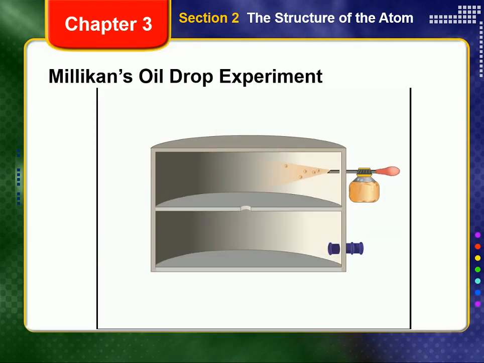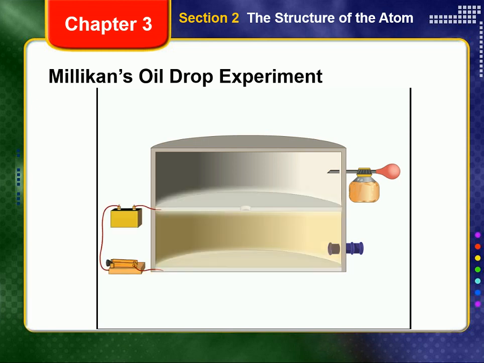In Millikan's oil drop experiment, he squirted negatively charged microscopic droplets of oil into a chamber and observed them with a microscope. Voltage applied to metallic plates within the chamber allowed him to create an electric field, which had an effect on the droplets. By adjusting the electric field's strength and direction so that it pushed the droplets against gravity, he could suspend the droplets.